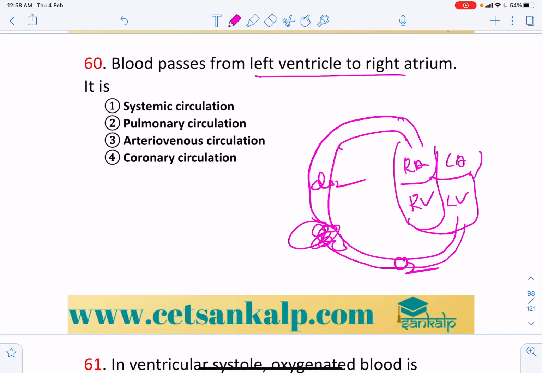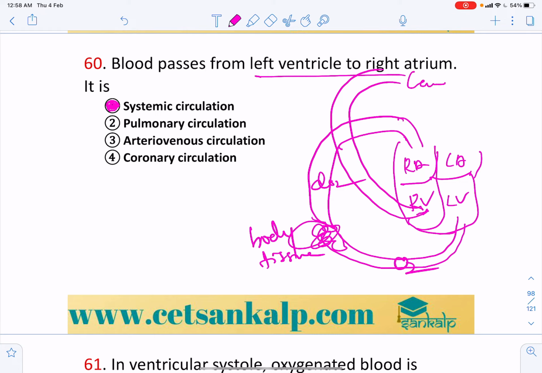If this is the case, from body tissue cells, that is systemic circulation. And if it is right ventricle to the lungs, and then to the heart, that is pulmonary circulation. Keep this in mind.